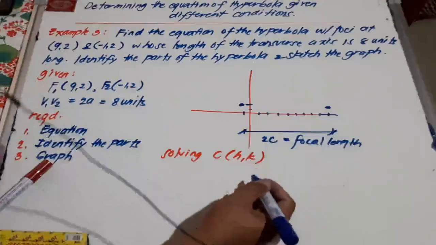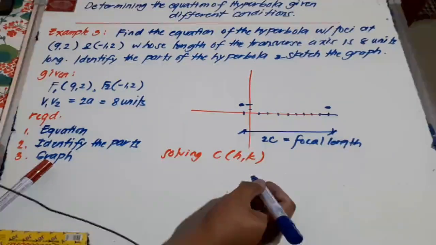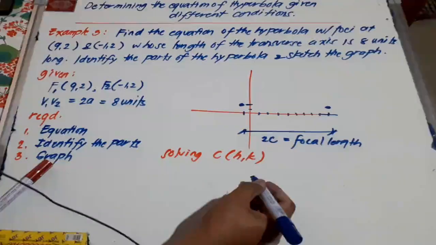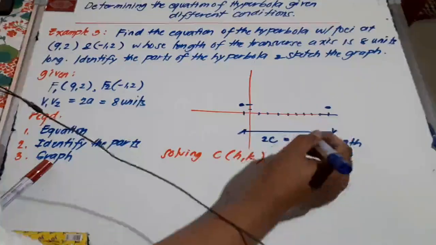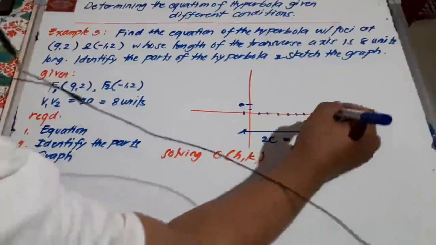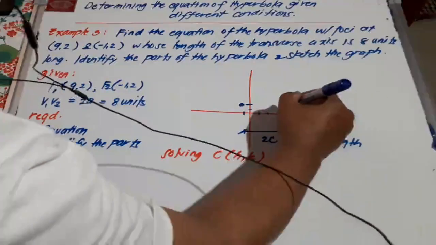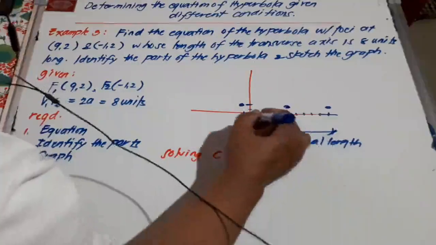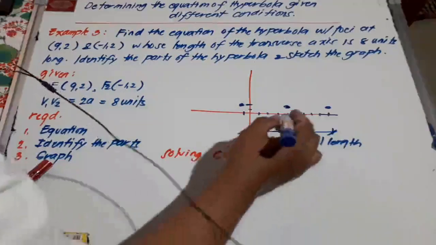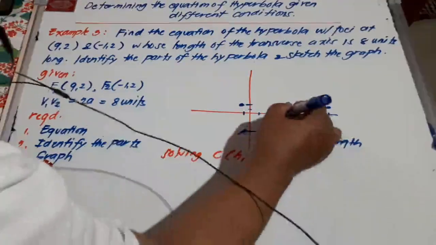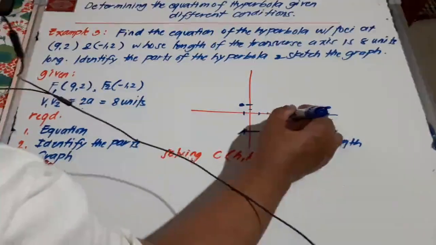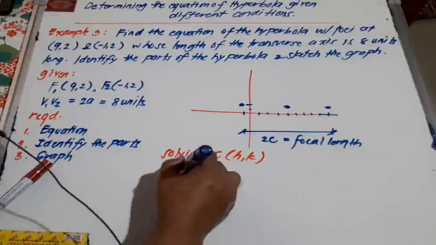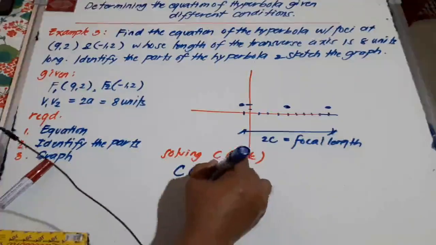So, midway is our center. So, 5 units to the left, 5 units to the right of the foci, that is the location of the center. 1, 2, 3, 4, 5. So, the center is at (4, 2). Therefore, the center is located at (4, 2).